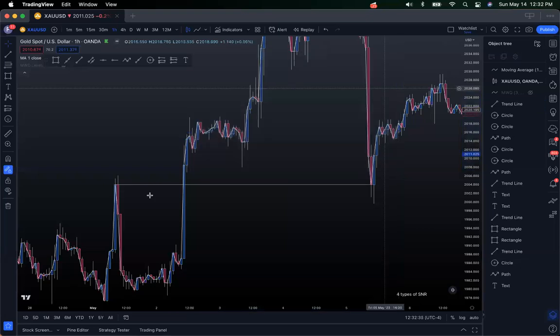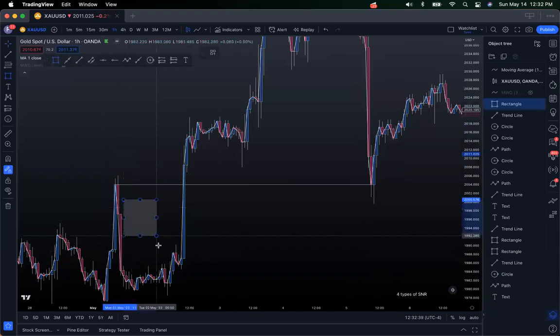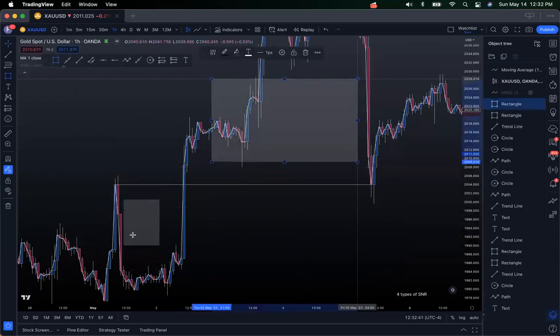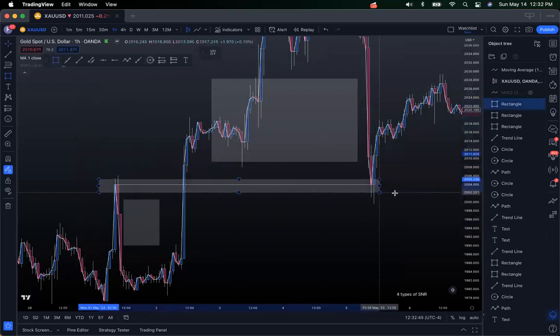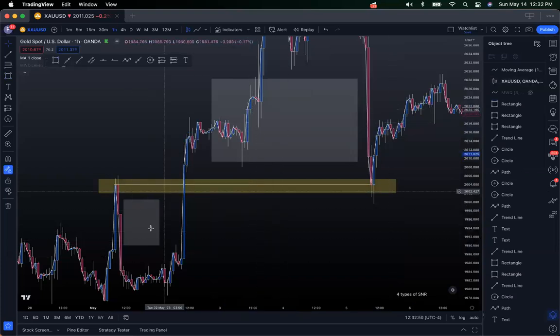So the important thing about this breakout level is that you want to see the freshness of it. It has to be fresh. And then this is the breakout here. See? It's like RBS, SBR, but the level has to be fresh until after the breakout.